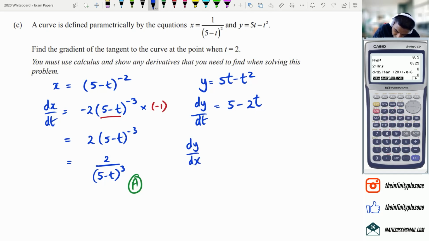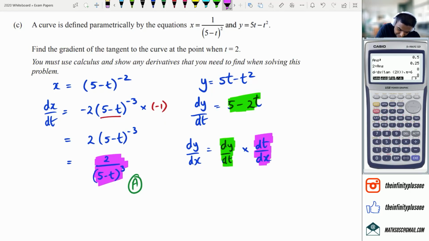dy dx will be dy dt multiplied by dt dx. So my dy dt is that, and dt dx, well, I've got to flip this upside down to get dt dx. So I'm going to end up with 5 minus 2t multiplied by 5 minus t cubed over 2.